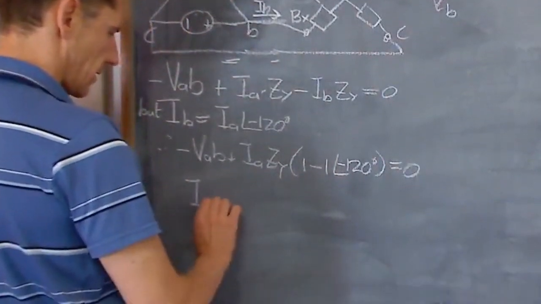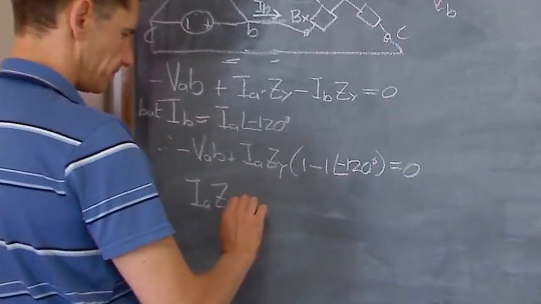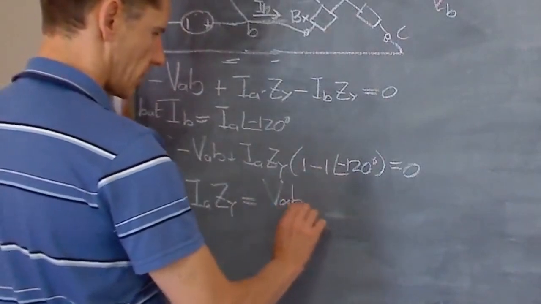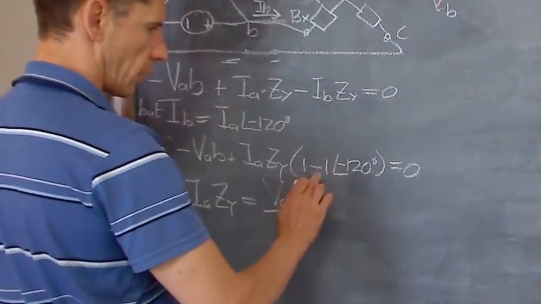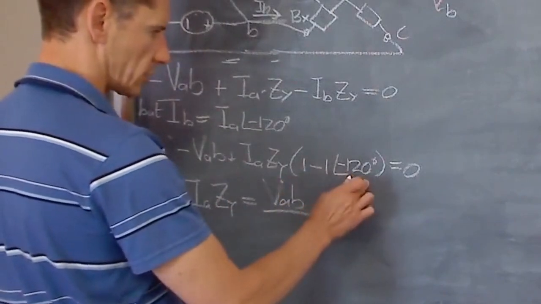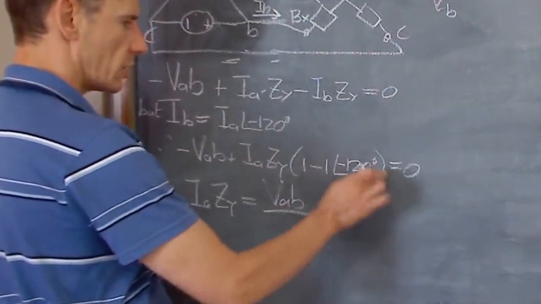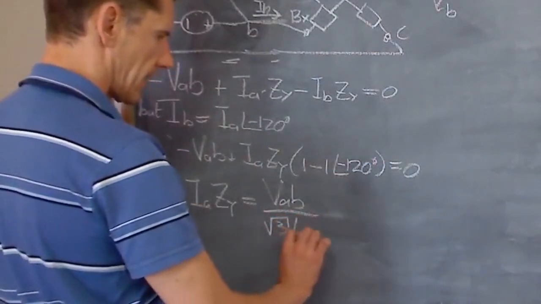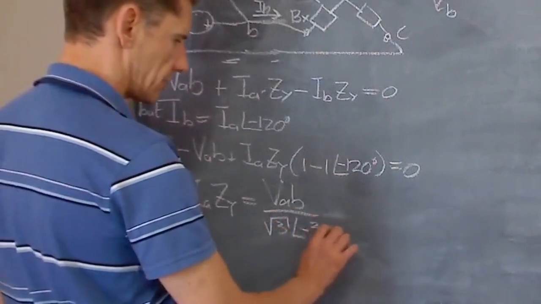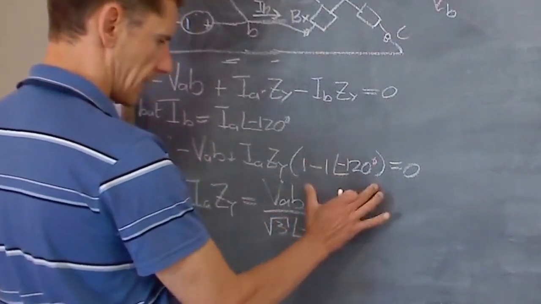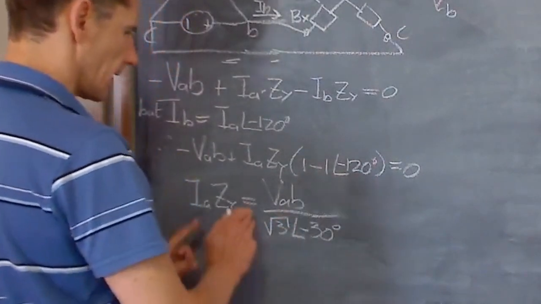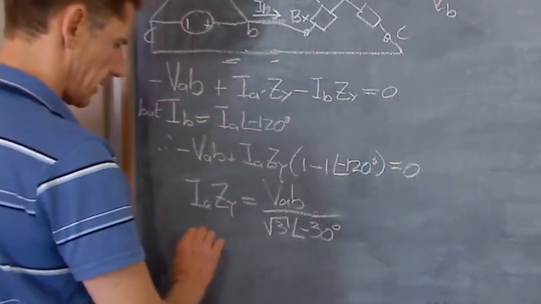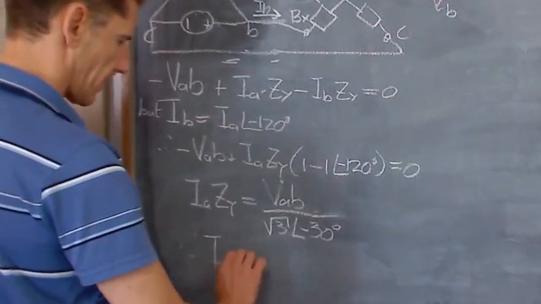So let's take the VAB across, and we divide by 1 minus 1 angle minus 120 degrees. If you do the number crunching on that, you're going to get root 3 angle minus 30 degrees. Obviously the ZY needs to go over as well.